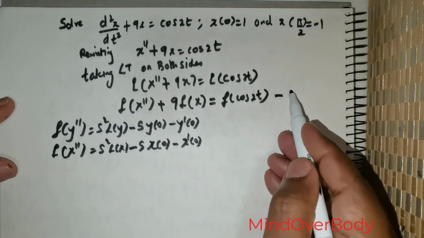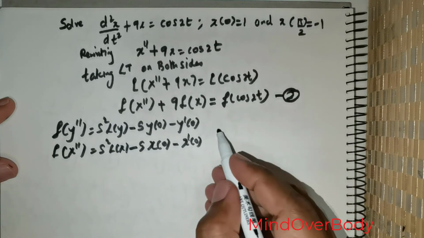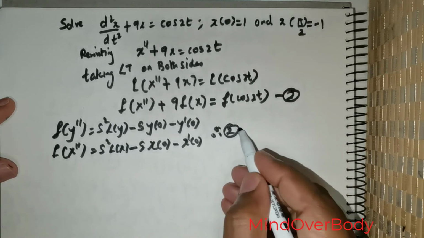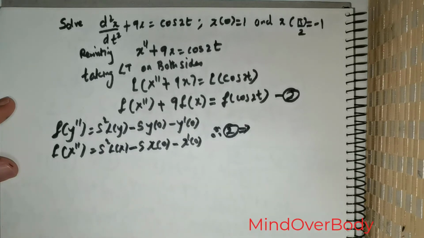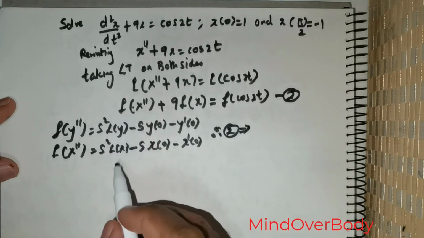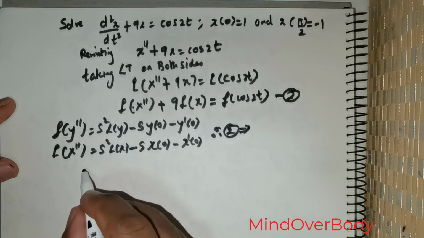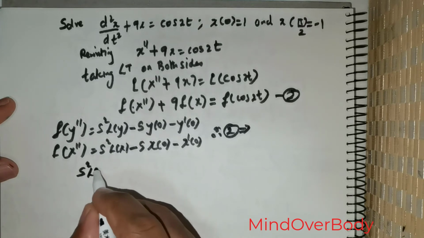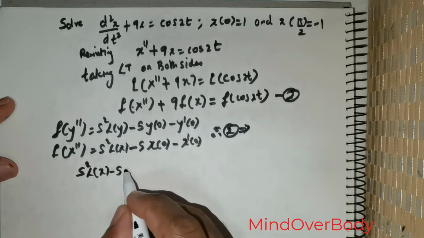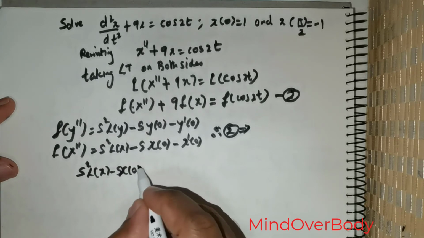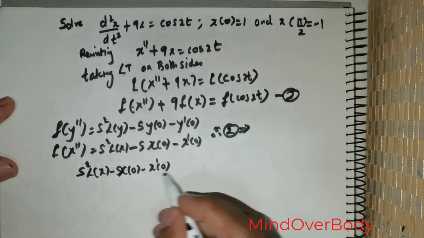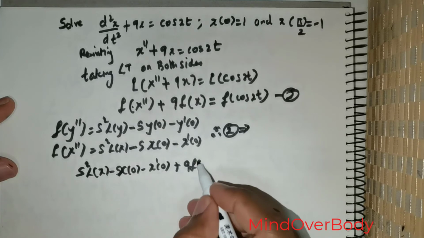So if I take this as 2, I can rewrite 2 by substituting this in place of L of x double dash. So it's going to be s squared L of x negative s times x of 0 negative x dash of 0 positive 9 times L of x.